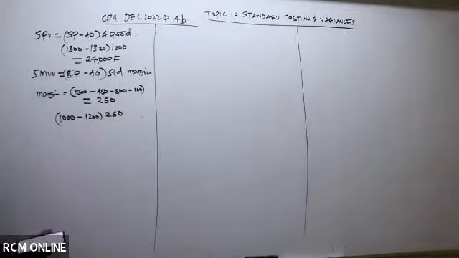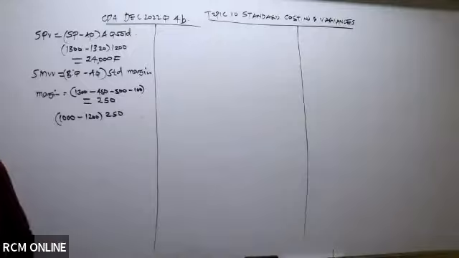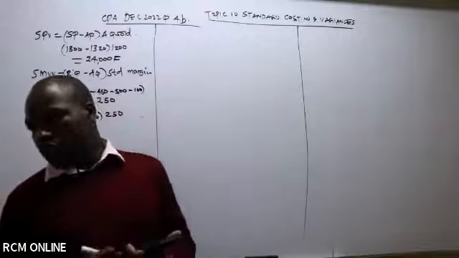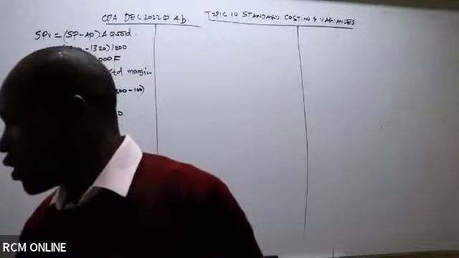The budgeted quantity is not 1,000 units. Wow. Okay. What is the budgeted quantity to be sold? Someone to help us. What were we given in the question?